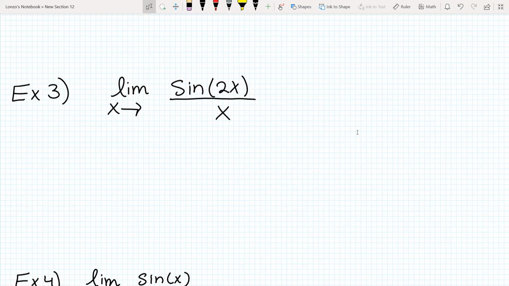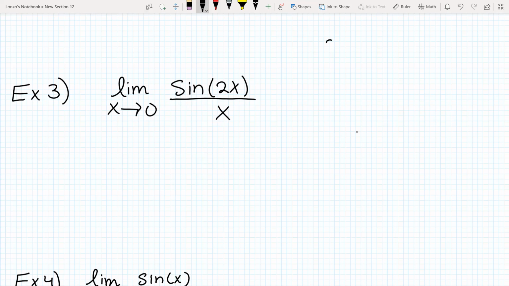This should be the limit as x approaches 0 of sine of 2x over x. So let's see, could we simplify this any further? I don't think we can. What could we do? Well, I could use one of our trig limits.